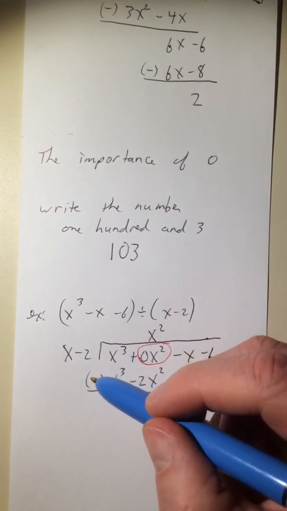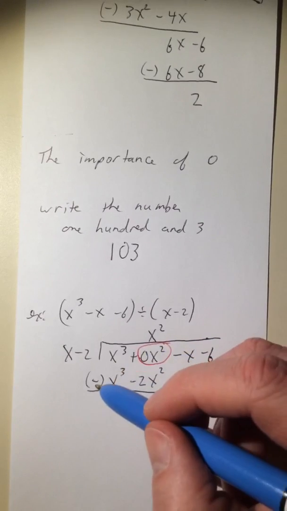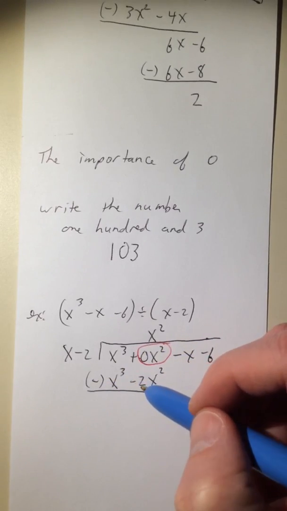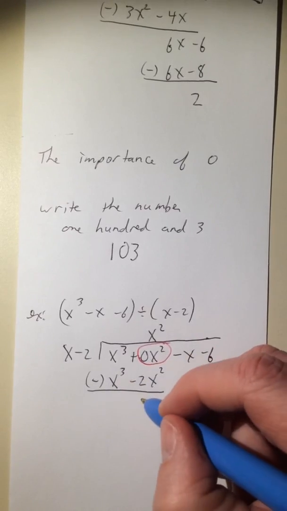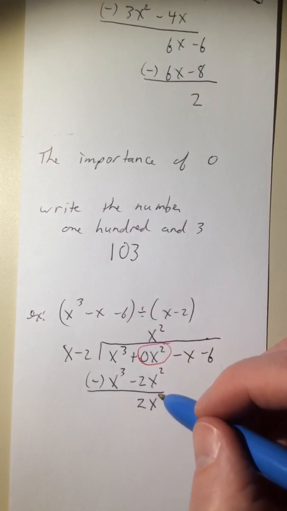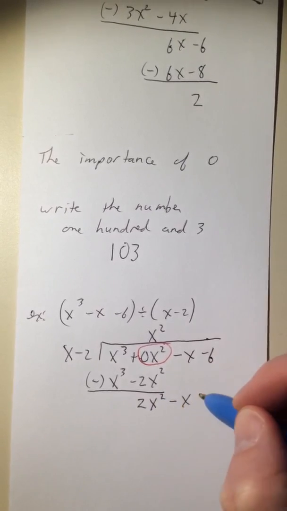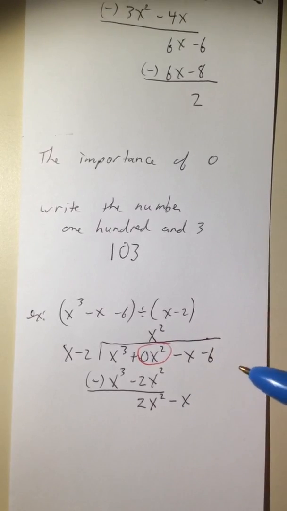So x cubed minus x cubed is nothing. 0x squareds minus a negative 2x squared, subtracting a negative, adding a positive. Just trying to drive that point home, obviously, because it's a place where people get tripped up. So that's a positive 2x squared. Bring down the next thing in line, that's a negative x. Go through the process again.